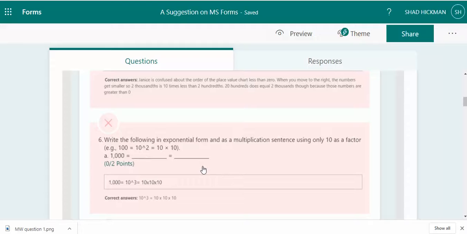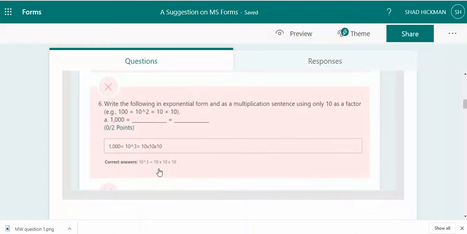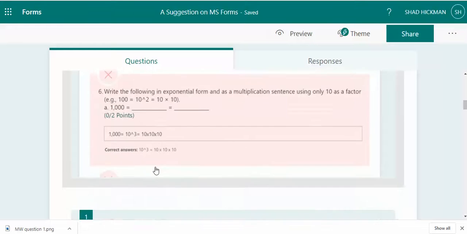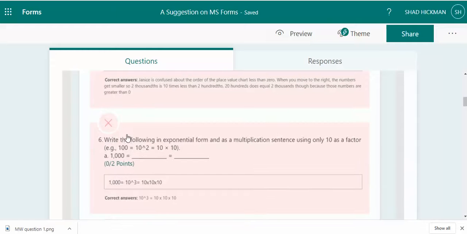Now number six has a lot better chance of being filled out correctly. But if you look, this person had the correct answer. They just neglected to say 1,000 equals in their response, or you didn't put 1,000 equals in there because you didn't think they would repeat it. This kid's got the right answer, but the form's response is still telling him that he's done it incorrectly.